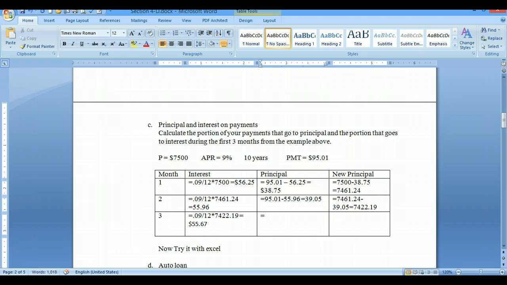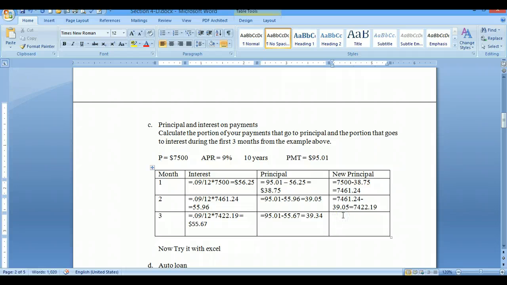And now I have still the $95.01, but $55.67 is going towards interest. After you subtract that, you should be left with $39.34 going towards principal. You'll notice that this is going up just a little bit, which means I'm not paying quite as much in interest because the principal is going down, and that means I can start paying more towards the principal.